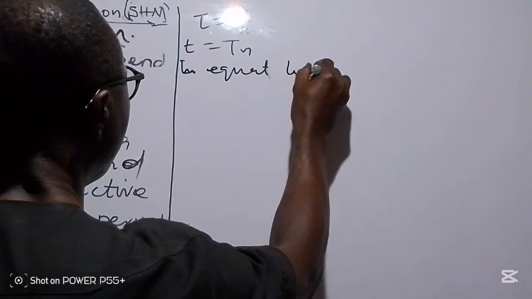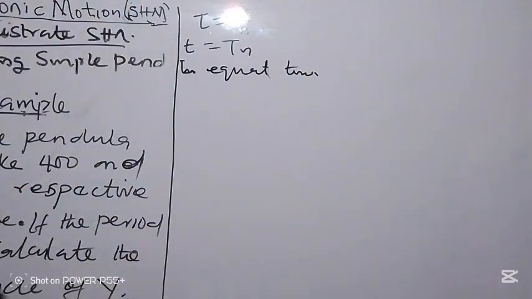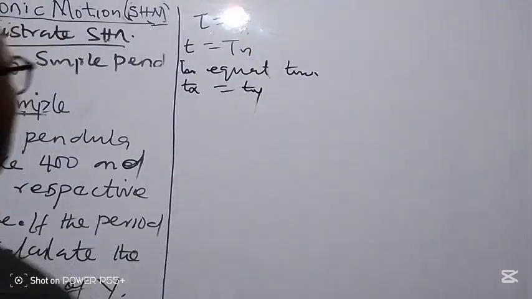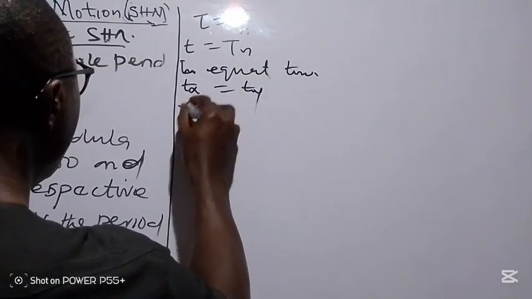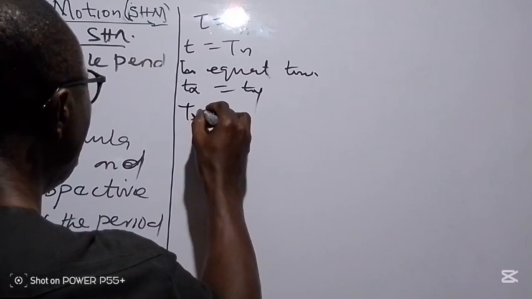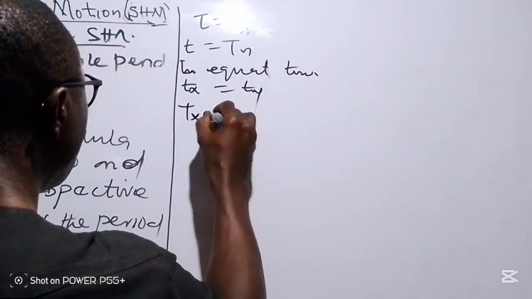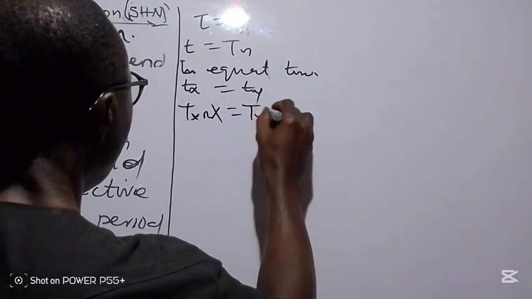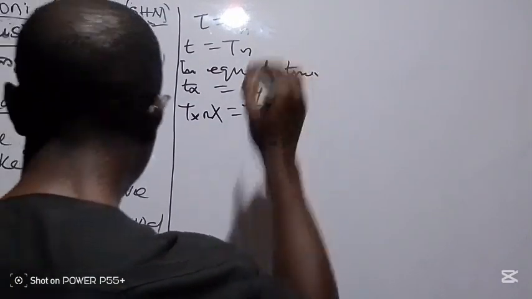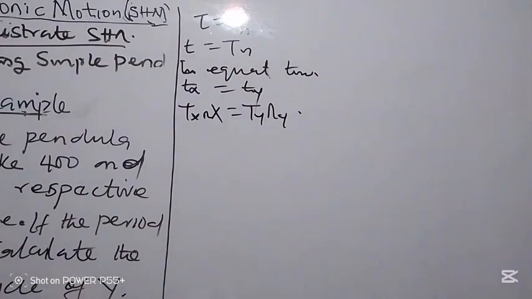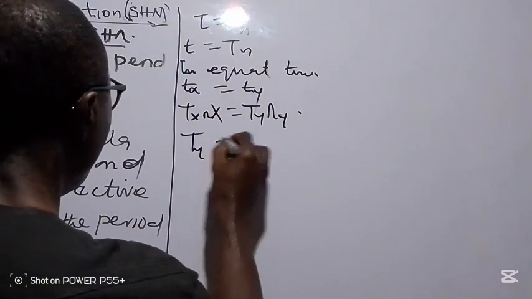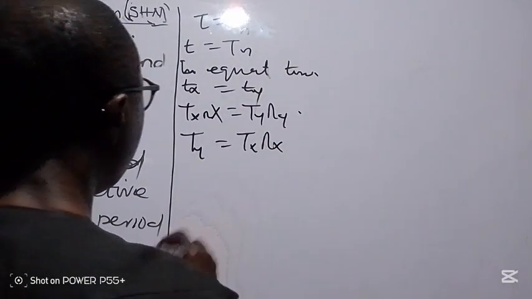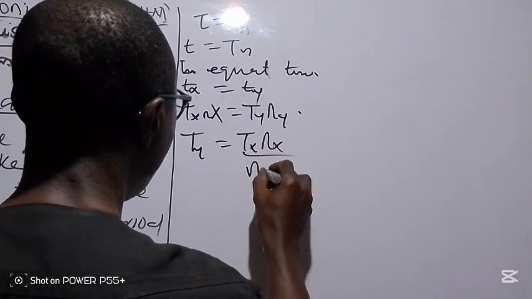That is, for Tx is equal to Ty. Therefore, that will be Tx times number of oscillations of x equal to Ty times number of oscillations of y. And the question asks us to calculate Ty. So Ty will be equal to Tx multiplied by number of oscillations of x over number of oscillations of y.